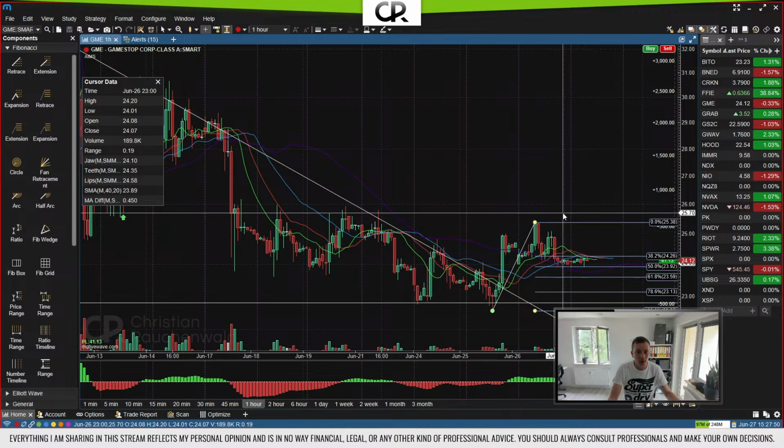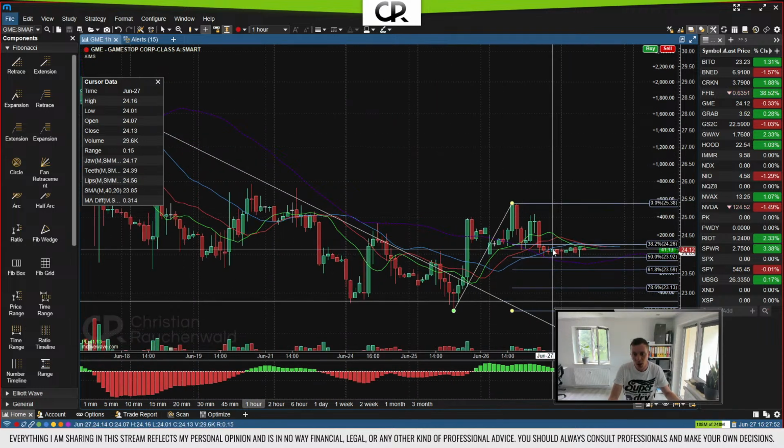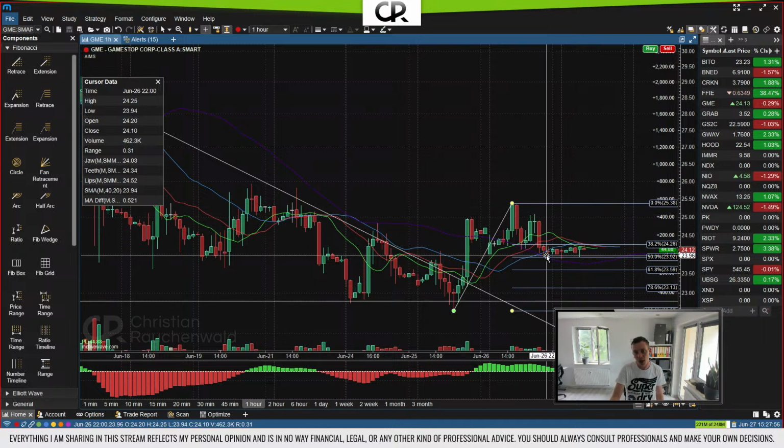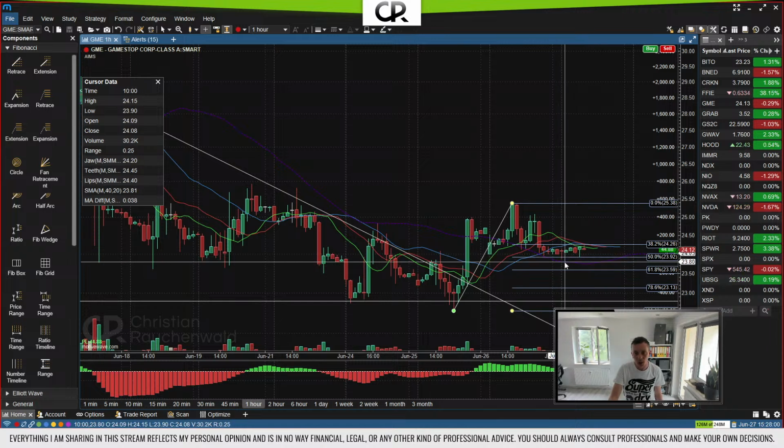What points towards this being a finished ABC pattern is that we have visually a clear down, up, down movement. We retrace to the 50% retracement overall on the lowest point.